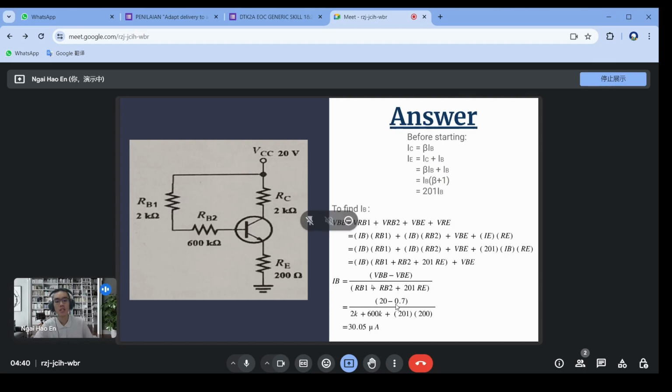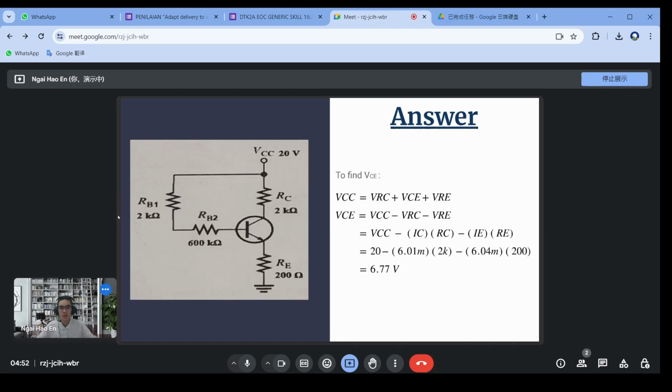So 20 minus 0.7, per RB1 which is 2 kilo ohm plus RB2 which is 600 kilo ohm, plus 201 times RE, where RE is equal to 200 ohm, and we can get IB equal to 30.05 microampere.